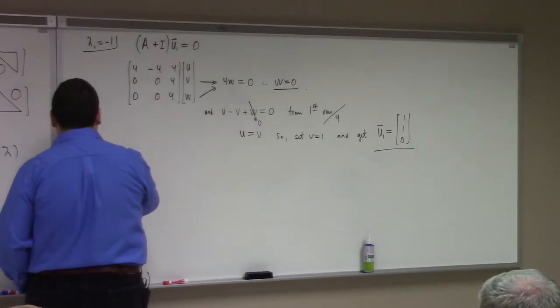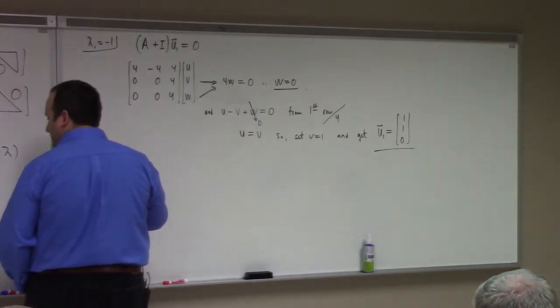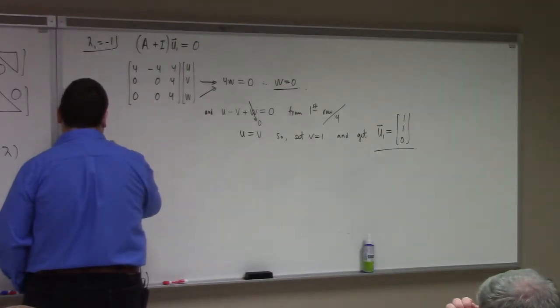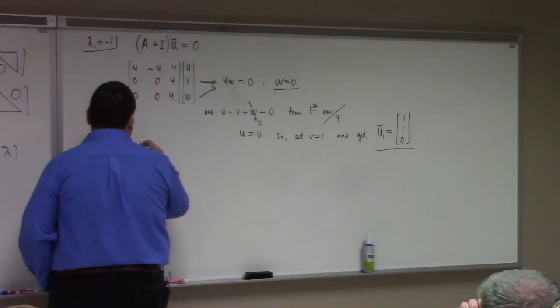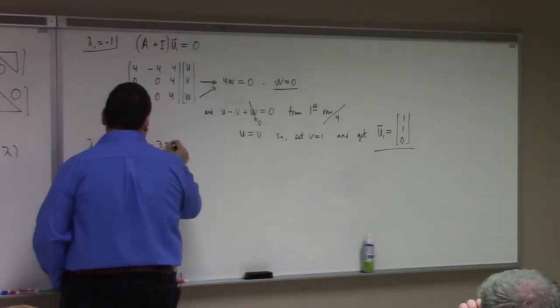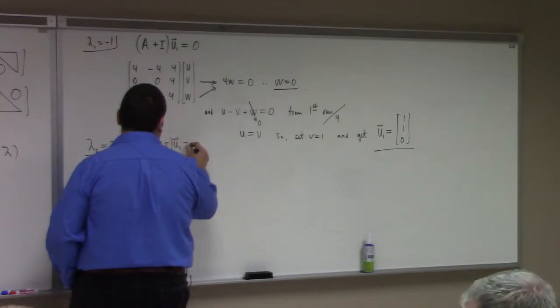What's my other eigenvalue? Lambda equal to 3, right? So I should look at A minus 3I times U2 equal to 0.